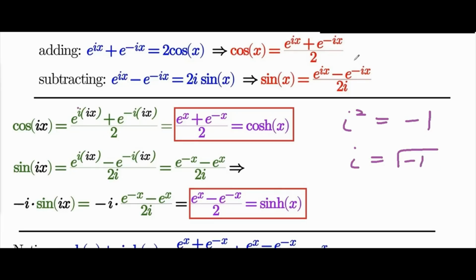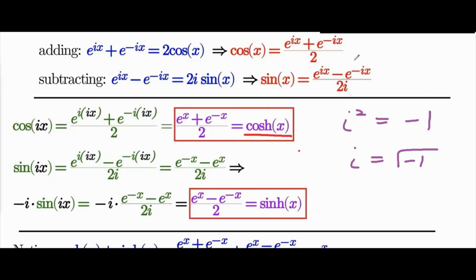So this here, for instance, you would get a negative x, so that would be this. And then here you'd get negative x, which would be positive. I've just switched them because normally we like to write the positive one first. And this is the definition of hyperbolic cosine.